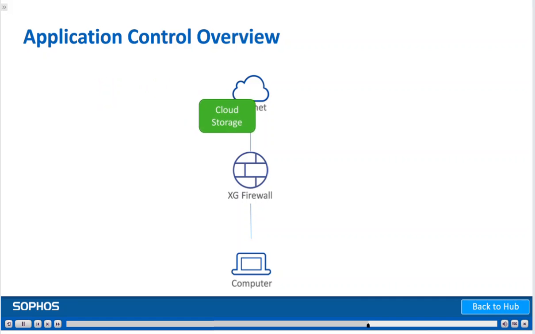If a company wants to ensure that its users are not spending valuable work time on apps such as games or social networking, application protection can be configured to limit what a user is able to run from the internet. We will now take a look at a sample configuration in XG Firewall.